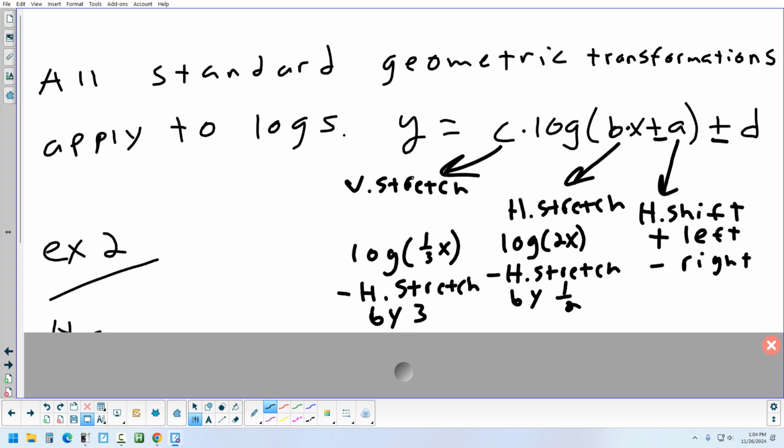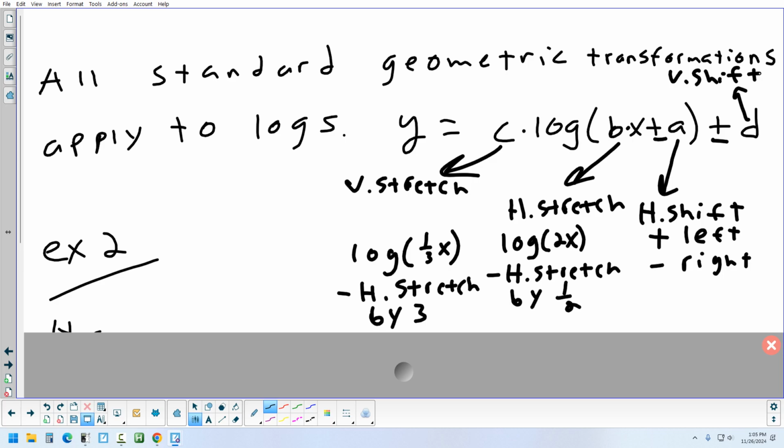There's nothing to write there because it's pretty much common sense. If you have 3 log x, it makes it 3 times bigger. If you have a half log x, it makes it half as big. And how about D? That's your vertical shift. Positive is going to move your graph up, and negative would move your graph down.